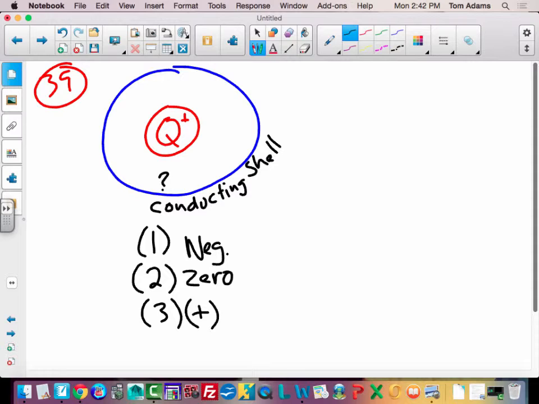So is your conducting shell moving away or towards Q? Well, we've got to think about it. What happens to the shell? Basically, is it positive, is it negative, or is it 0? Well, it's going to be negative, and the reason it's going to be negative is that this is due to induction.